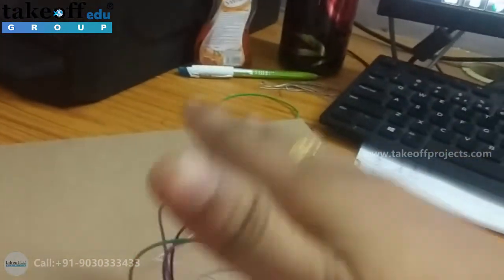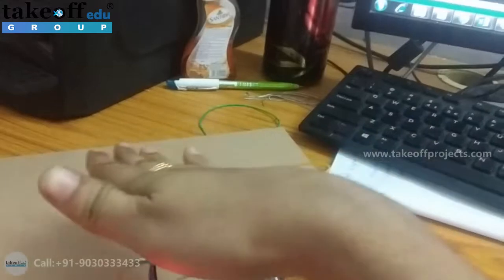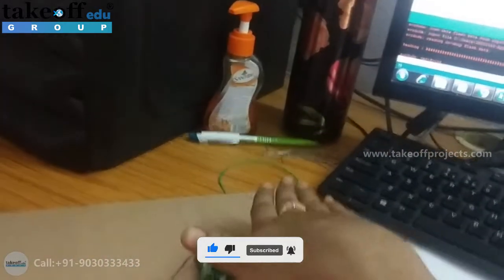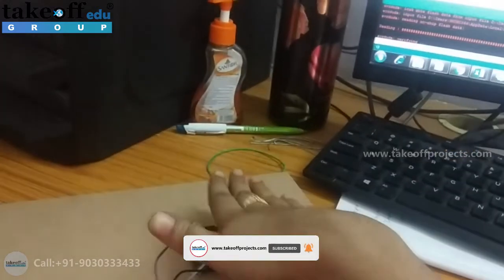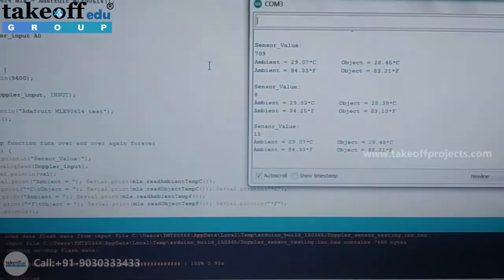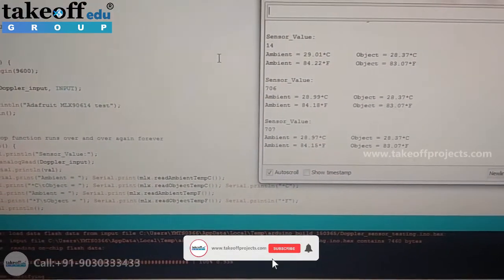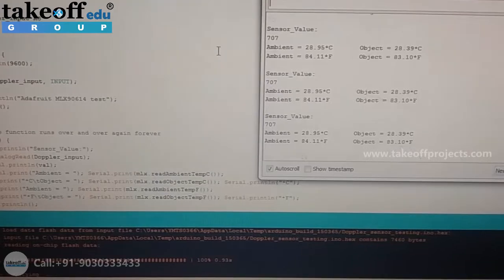Similarly, if you give any input to this Doppler sensor, the Doppler radar, meaning any motion of the objects is detected, then the values will vary. See.